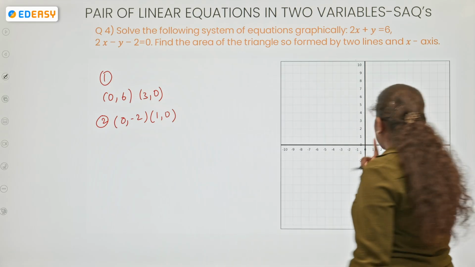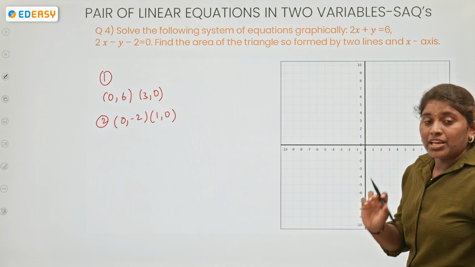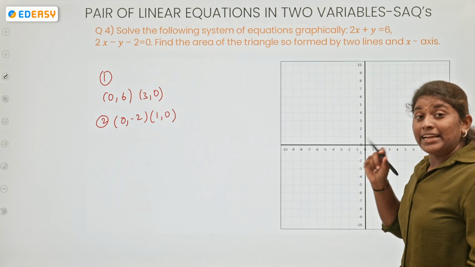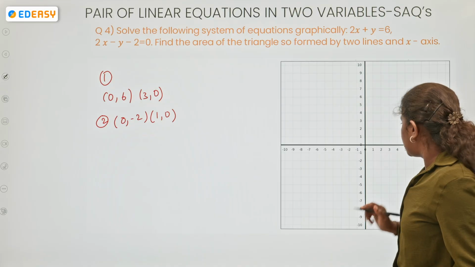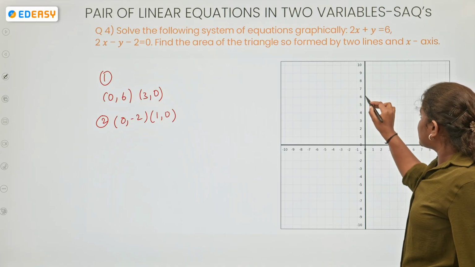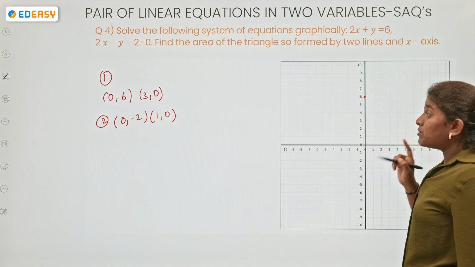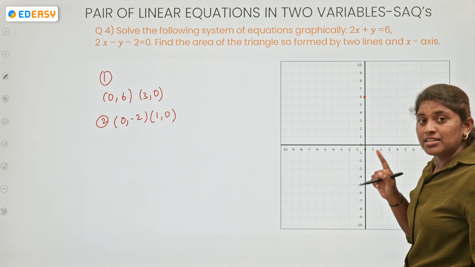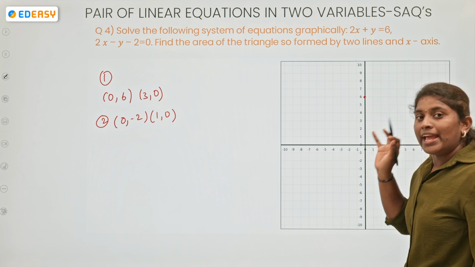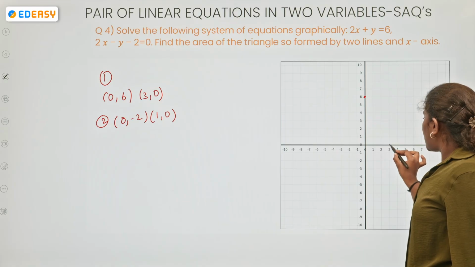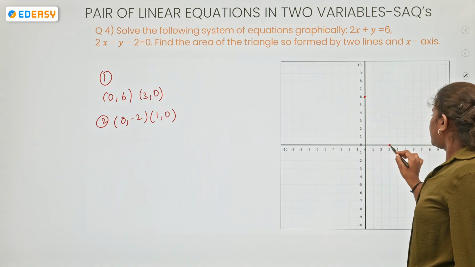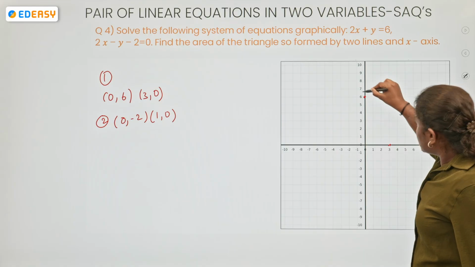For 0 comma 6, if the x coordinate is 0, it lies on the y-axis. So this is 0 comma 6, here it is. Next, 3 comma 0, the y coordinate is 0, which means it lies on the x-axis. So 3 comma 0 is here. Now, join them.